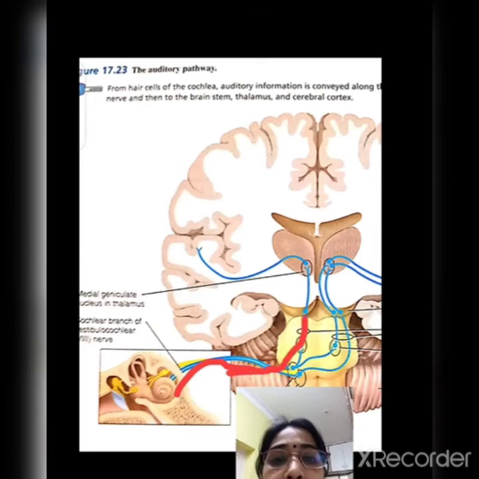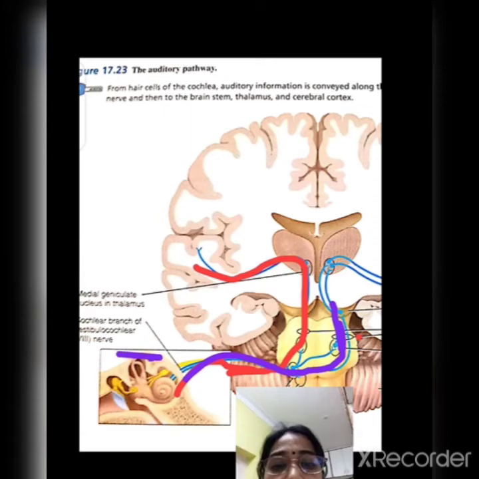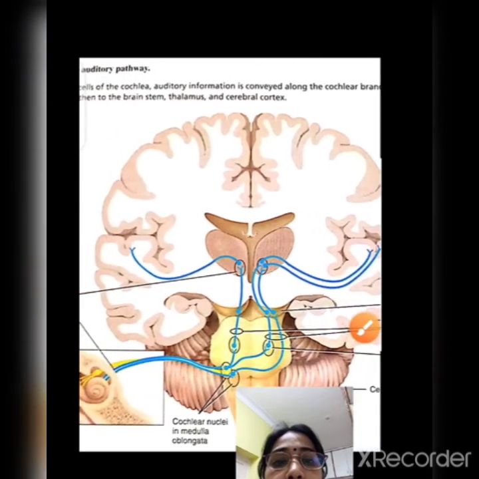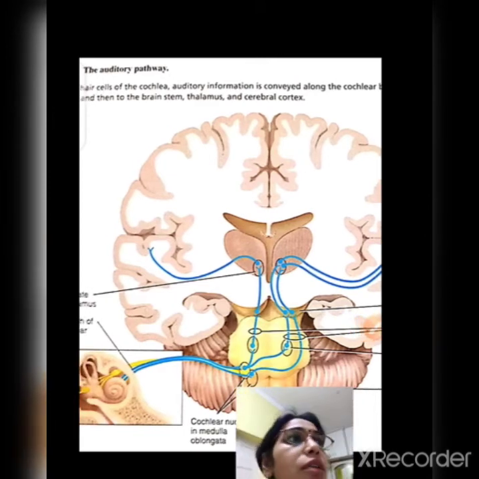Some fibers remain on the same side. Now I can change the color of this, and some fibers decussate to the opposite side, and they are present in the geniculate body. See, some fibers decussate and some fibers remain on the same side.